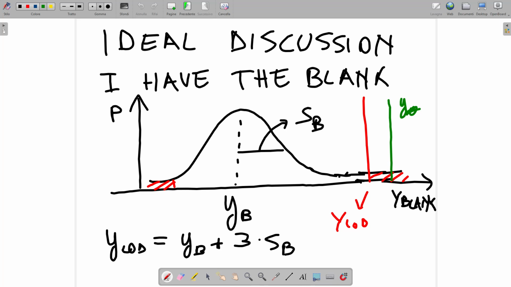Now we know that this tail is 0.3 probability, and it represents a low risk, because we want a low risk in saying that the analyte is present while it was absent. We want a low risk to be wrong in assessing that the analyte is present.